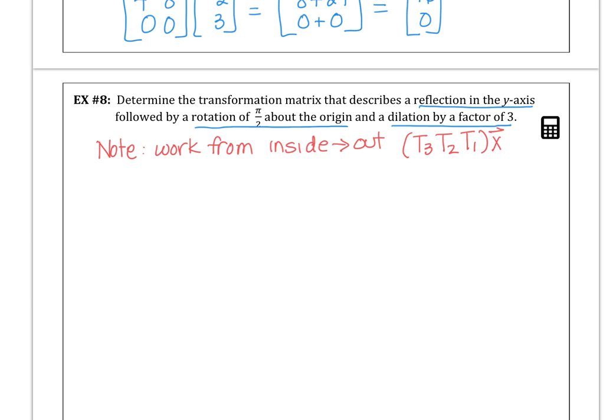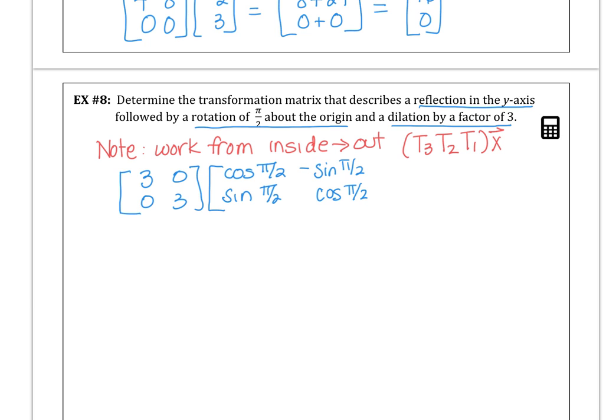So a dilation by a factor of 3 would be the matrix [3, 0, 0, 3]. And then rotate pi over 2. We just saw that in the first lesson: cosine pi over 2, negative sine pi over 2, sine pi over 2, and cosine pi over 2.